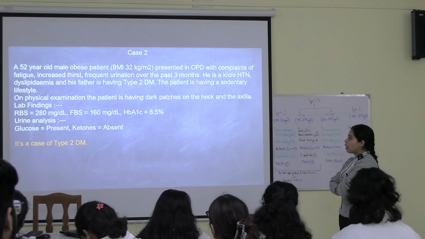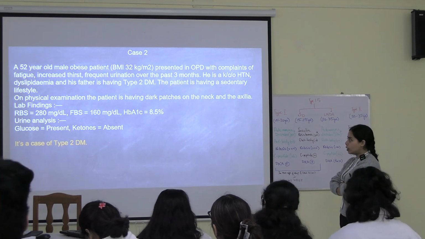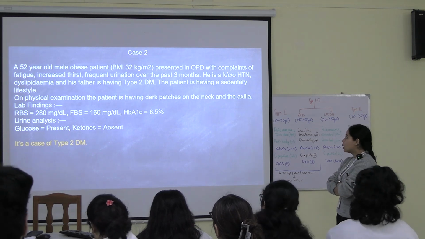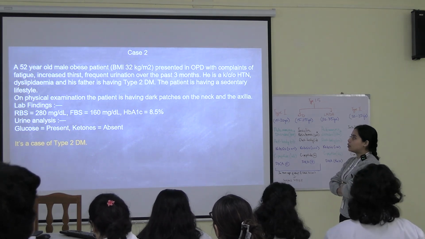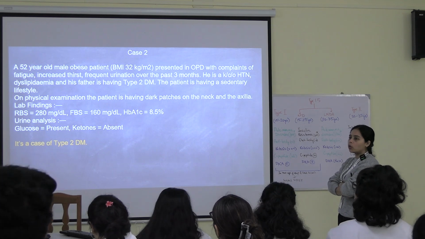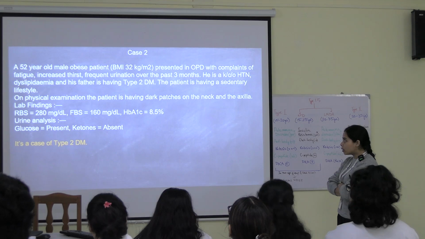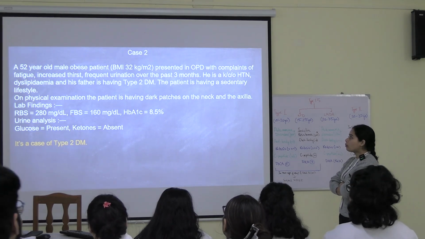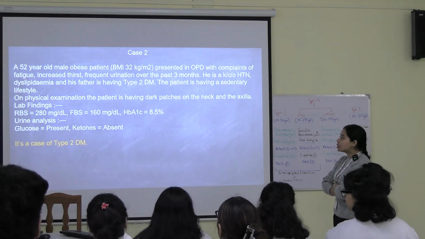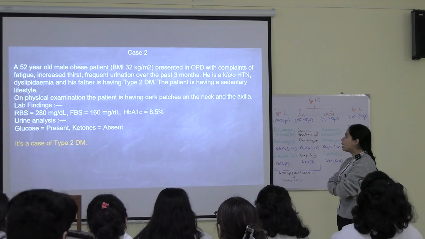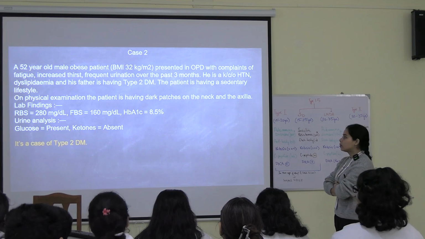He is a known case of hypertension and dyslipidemia, and his father is having type 2 DM. The patient is having a sedentary lifestyle. So he is obese, having a sedentary lifestyle, and his father also is having type 2 DM. Then on physical examination, the patient is having dark patches on the neck and the axilla.